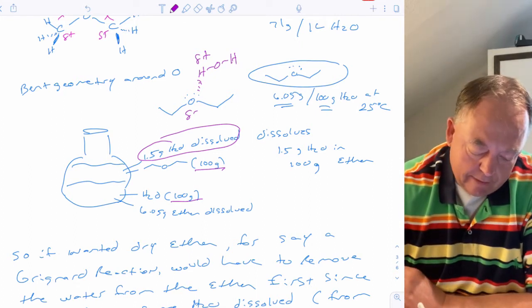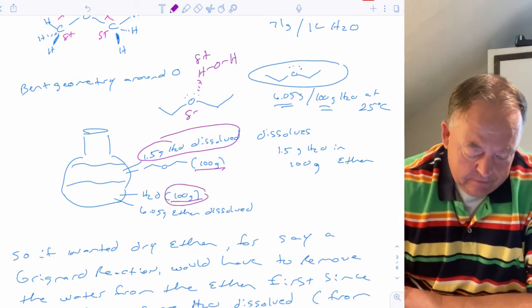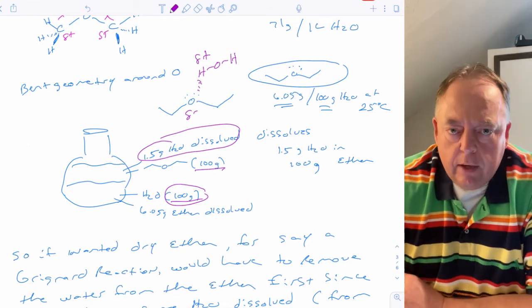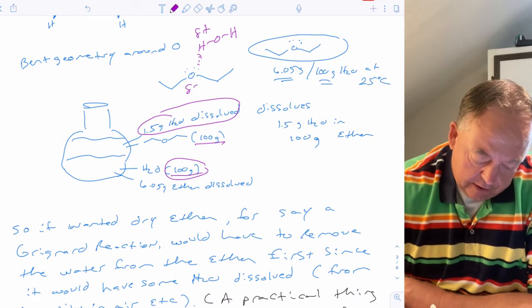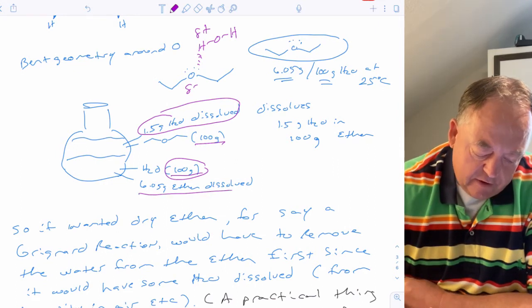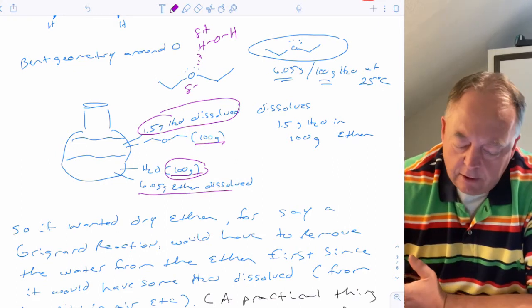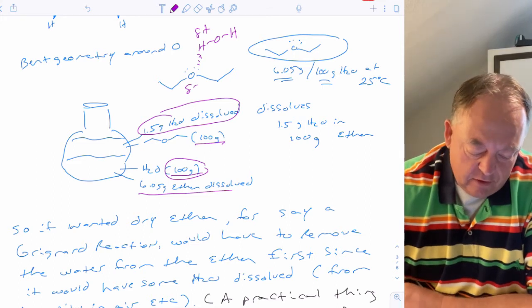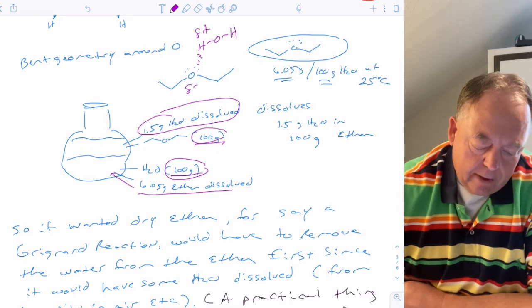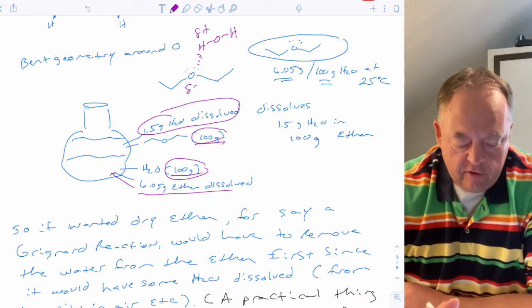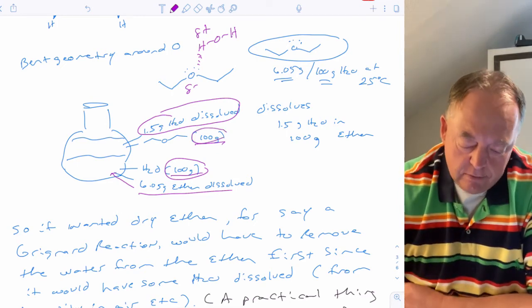So 100 grams would remain as a separate phase, and 1.5 grams of water would dissolve in the ether. And then 6.05 grams of ether would dissolve in the water layer. So if we had 106.5 grams of ether, 6.05 grams would dissolve into the water layer, and the other 100 grams would form a separate layer on top of the water because it's less dense than water.